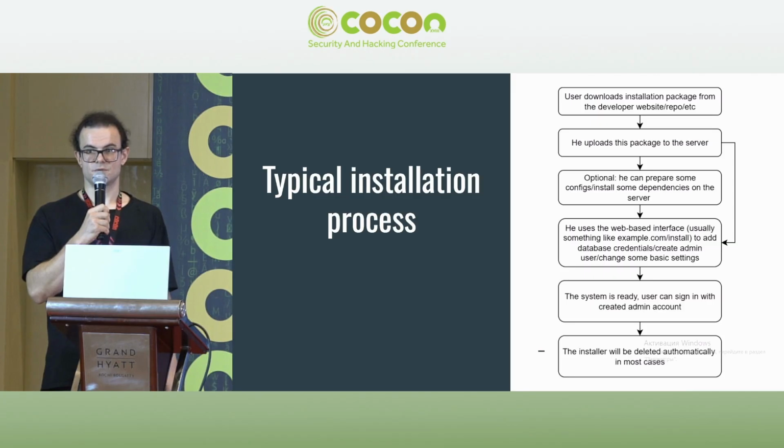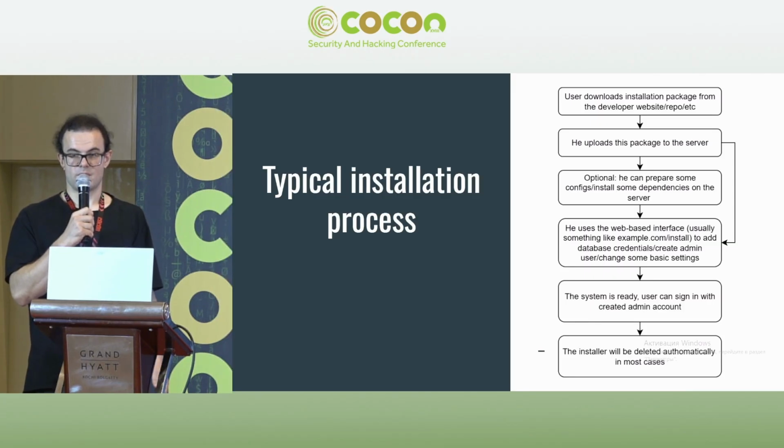And then the user can use the web-based interface. Usually you should just go to your domain /admin or /install or something like this, and you can install your system. And the system is ready. You created an account with administrator's permissions, and you can use your system.